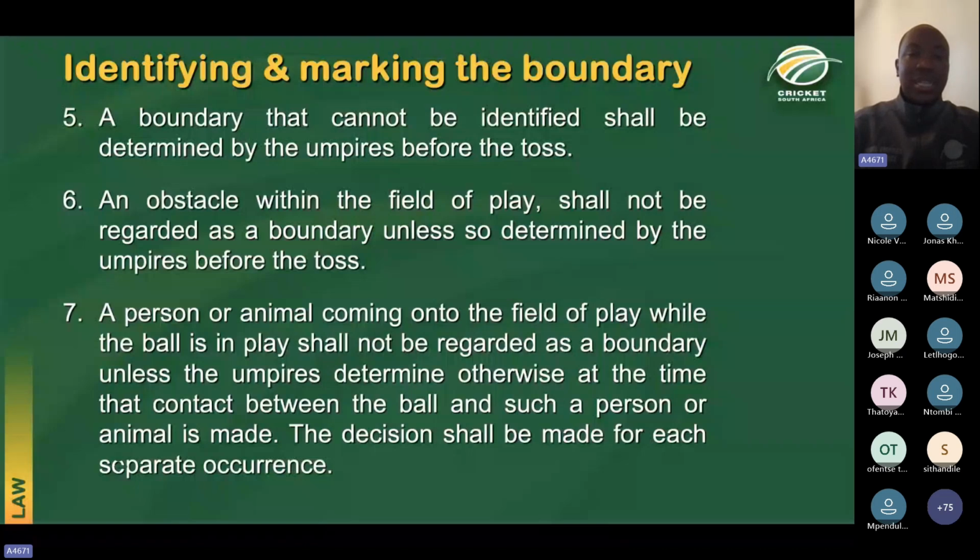Law tells us here that the bowler's end umpire should decide whether he or she thinks the ball would have gone over the boundary rope if it wasn't for that interception by the dog. And if the umpire feels that it would have gone over the boundary rope, then he or she can call and signal boundary 4.